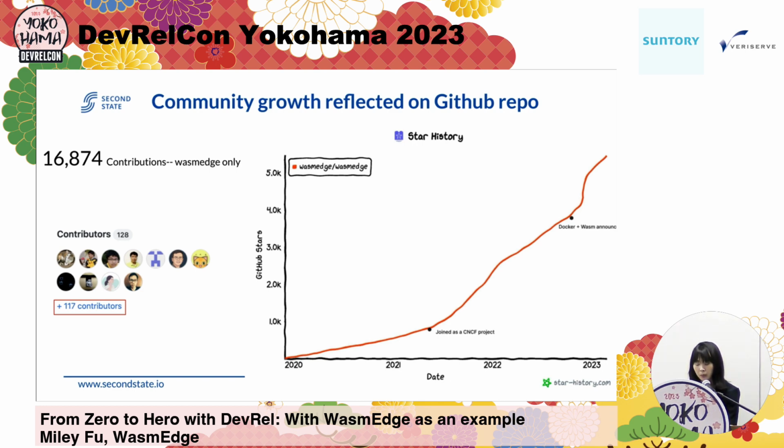That's when people thought we were really interesting and started to star us on GitHub. We got a lot of new stars, and that's how we ended up on GitHub trending. Once you get on GitHub trending, you get even more stars.